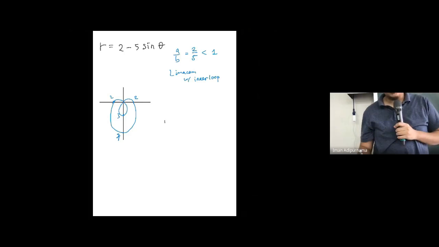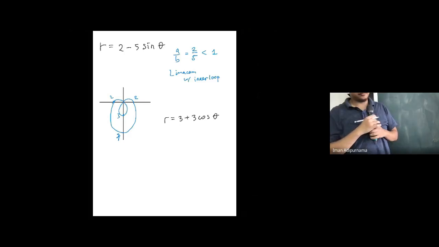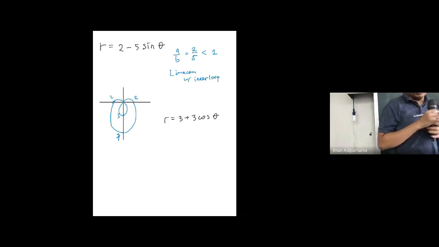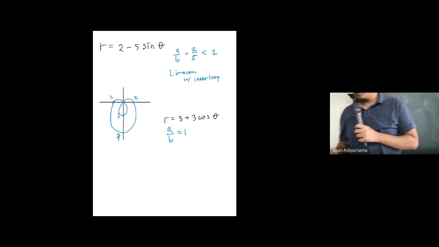Now, the other example, if you have R equals 3 plus 3 cos theta. Now, A and B are the same.